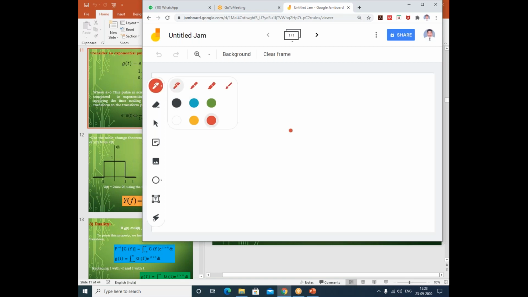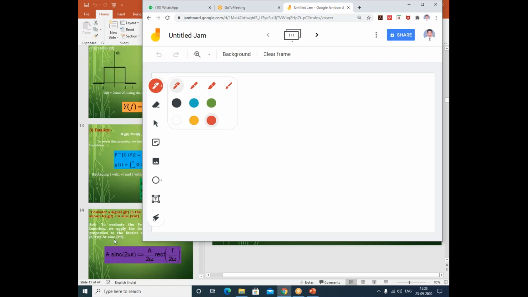Now observe this. Here I am going to write. He has asked us to find the Fourier transform of A sinc 2 omega t.